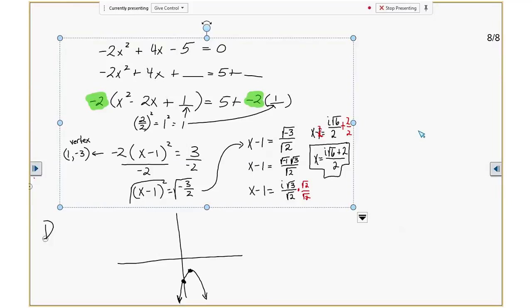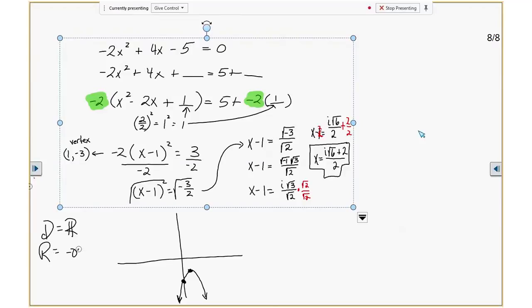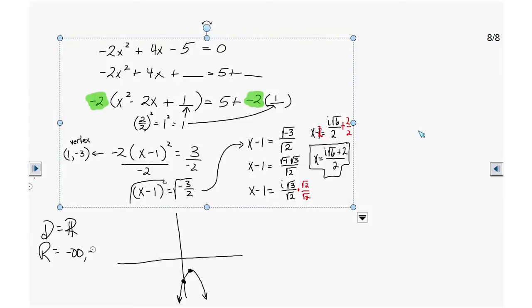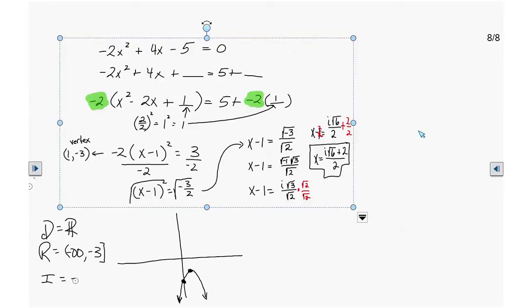Domain, all real numbers. Range, negative infinity to negative 3. Increasing from negative infinity to 1, sorry. Decreasing from 1 to what? And the line of symmetry, x is equal to 1.